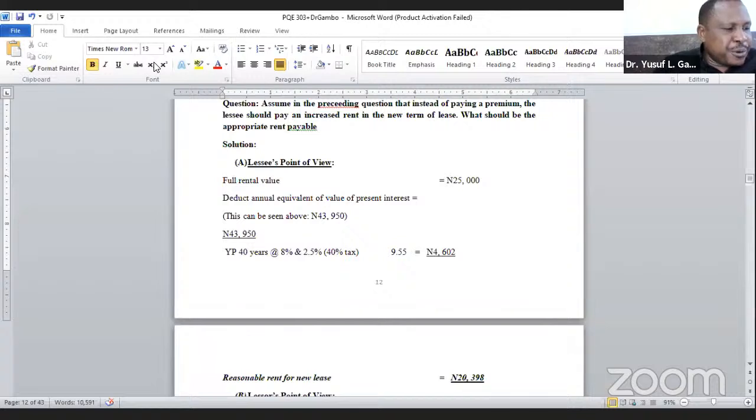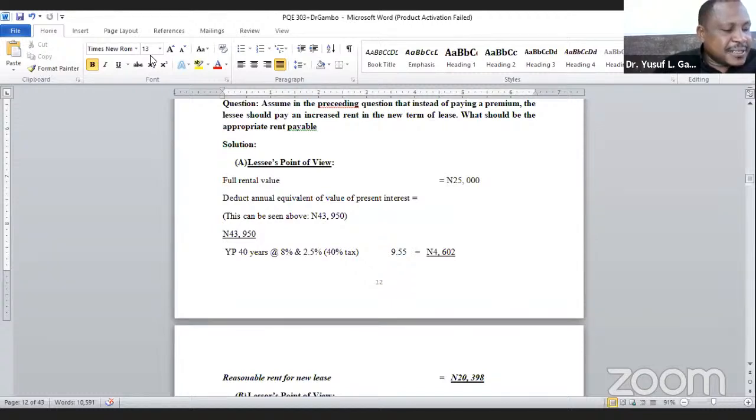Deduct value of proposed reversion to full rental value, that you have 23,850. Value of proposed term, you have 260,350.